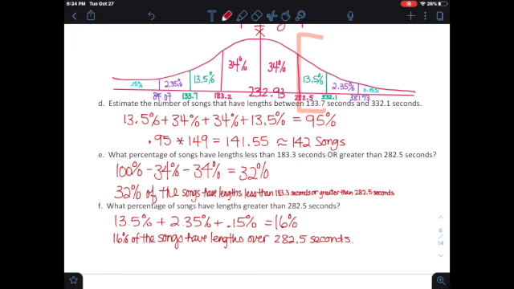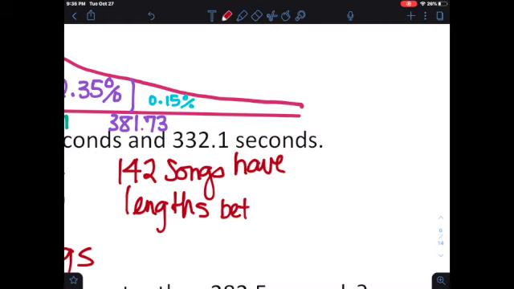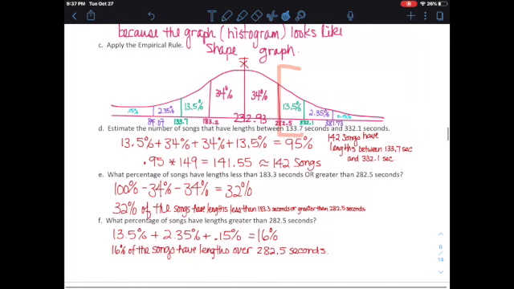So please write that down. That's how a problem is answered.